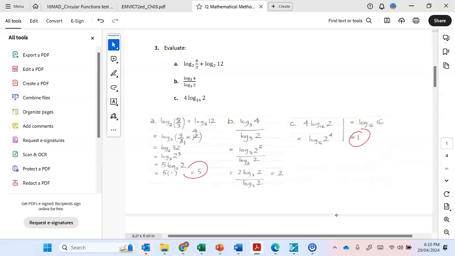You can see the solution here is probably so much more straightforward. I was using my log laws probably more than I needed to. Because we were adding logs of the same base, you could have just multiplied these like they've done in this solution. So 8 over 3 times 12, and that would give us 32, and then changing that.